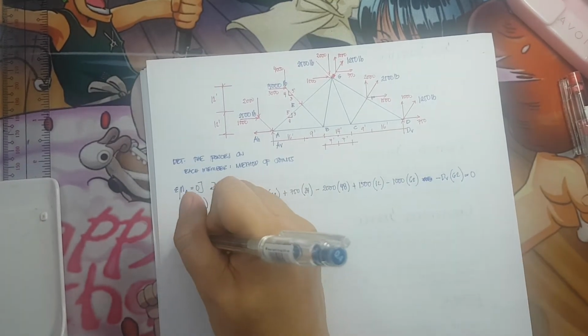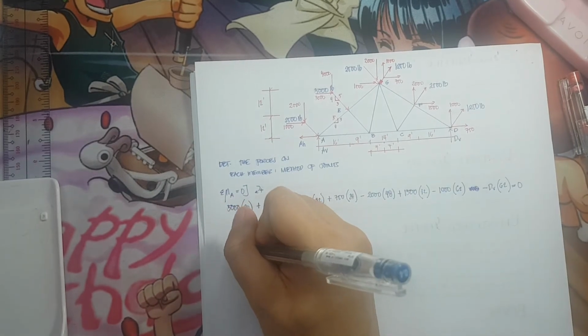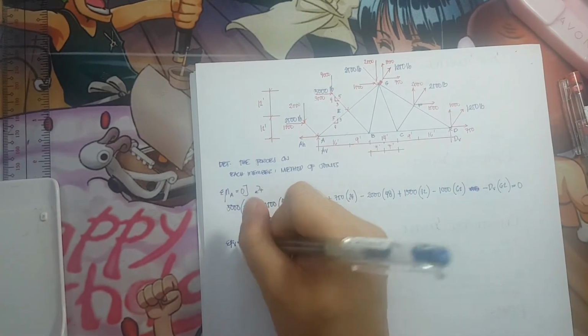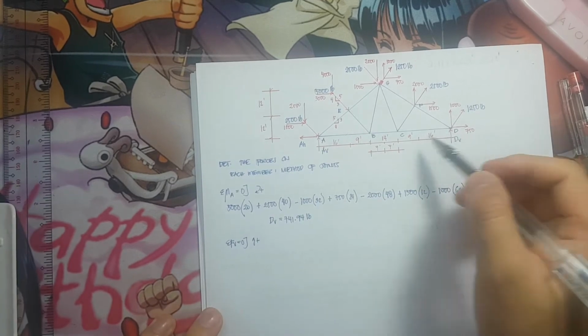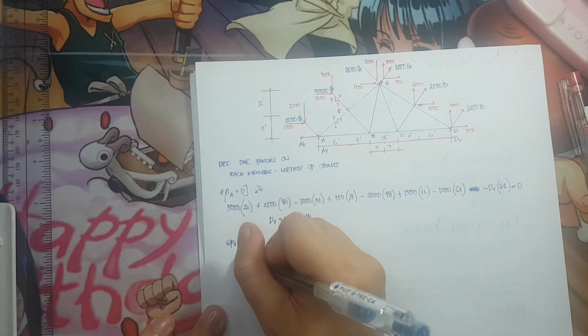So that would be summation of forces vertical is equivalent to 0. All forces that are pointing upward should be positive. So I have here a vertical. My assumed direction is upward.